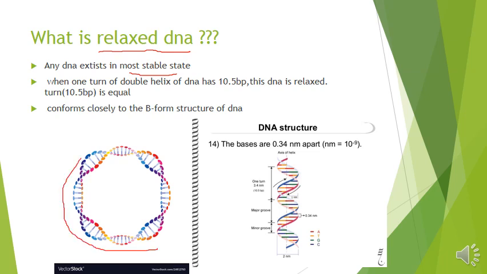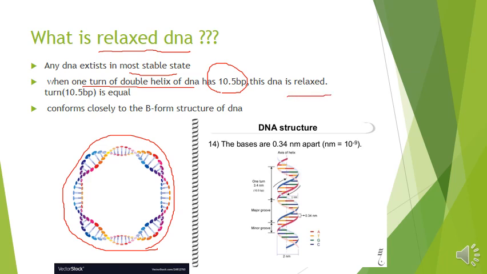For example, you can see that this DNA is in circular form without any bending on anything. So this DNA is completely relaxed. Or we have another definition: if in one turn of the double helix of DNA just 10.5 base pairs are present, then that DNA is called relaxed DNA.